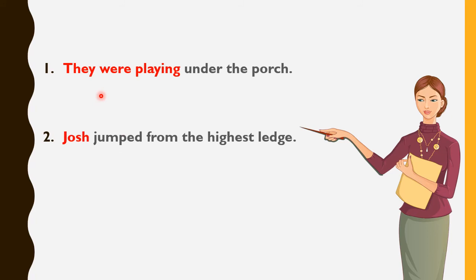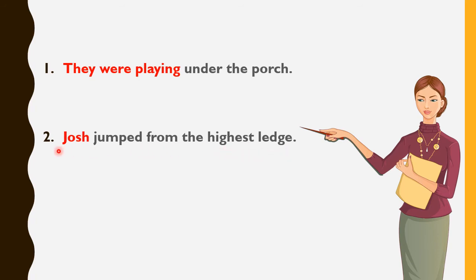Number 2, jumped from the highest ledge. So here this is another fragment sentence, which means an uncompleted sentence. Now here I'm going to add the missing part, which is the subject. Just pick any normal subject and put it there. For example, Josh. Josh jumped from the highest ledge.